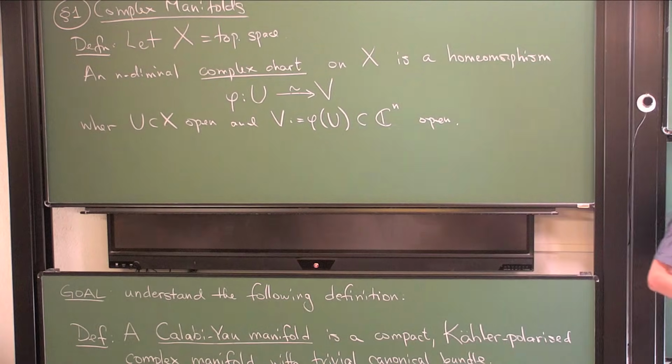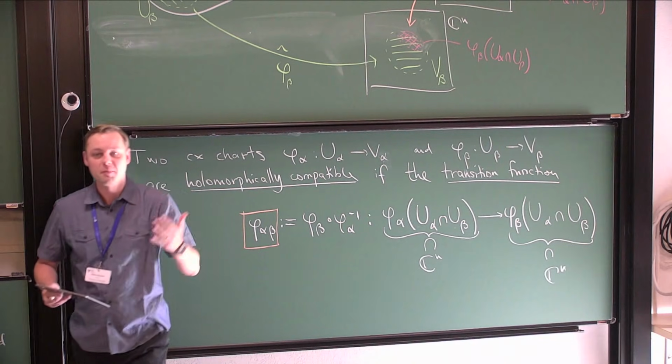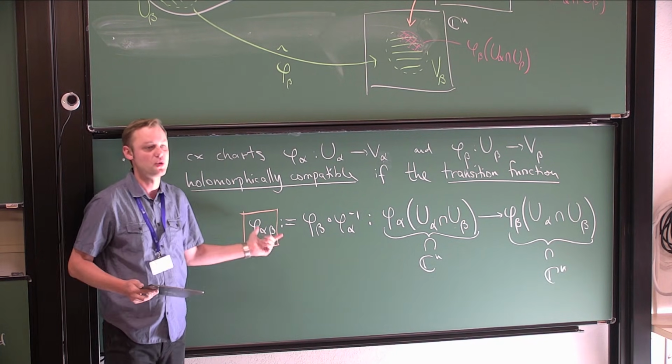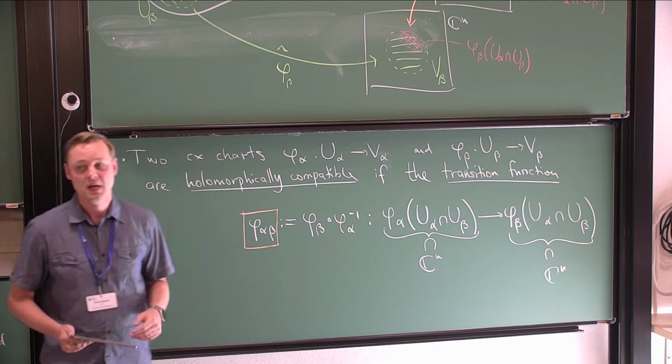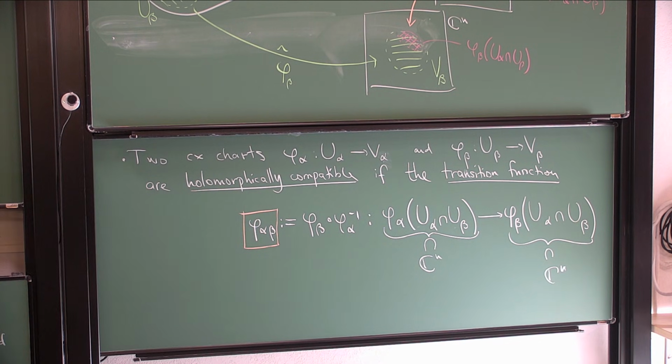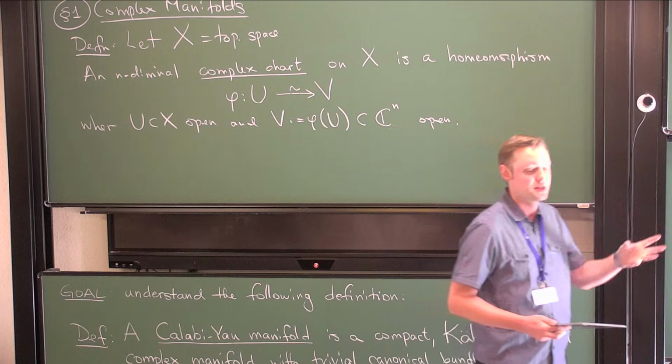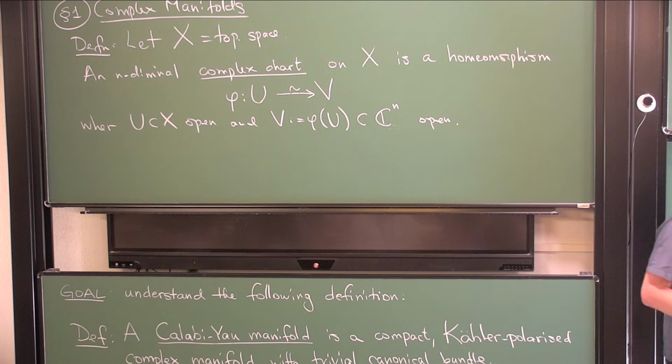So if you're familiar with differential geometry, you would say that two charts are smoothly compatible if this is a diffeomorphism. It's an invertible C infinity map whose inverse is also C infinity. So in complex geometry, exact same story, except we replace the word C infinity or diffeomorphism with holomorphic.